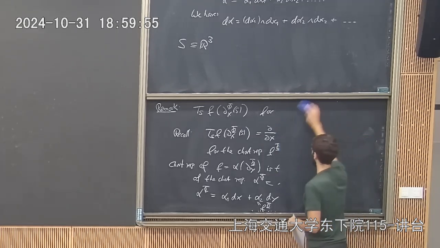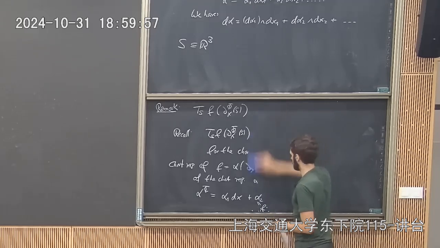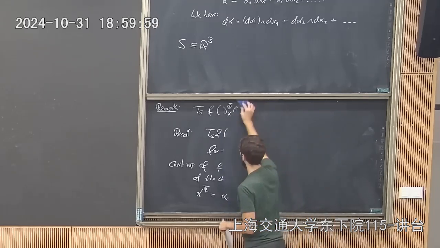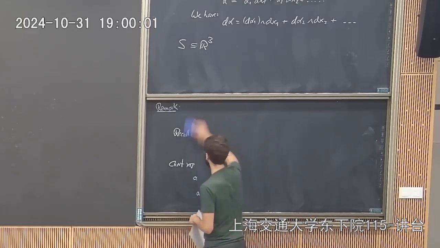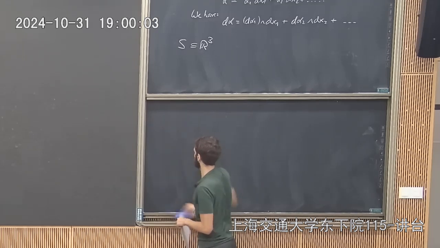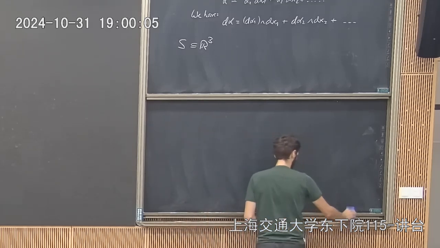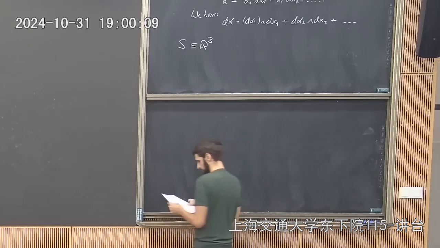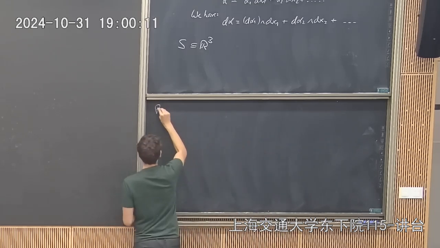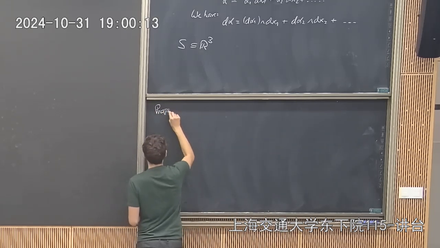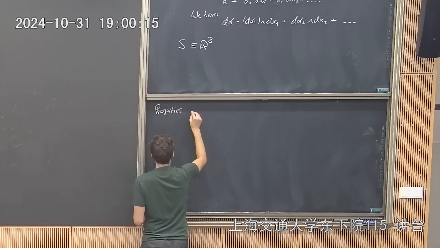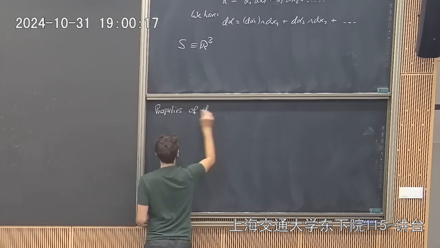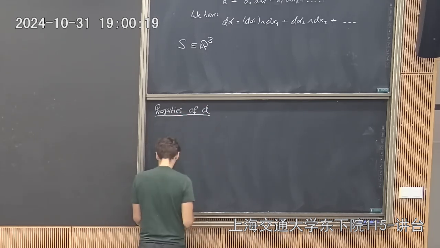And there's a property that we have here: if you have a function in front of dx and dy, and we just take d of that function and wedge it, that generalizes to the following properties of the exterior derivative.